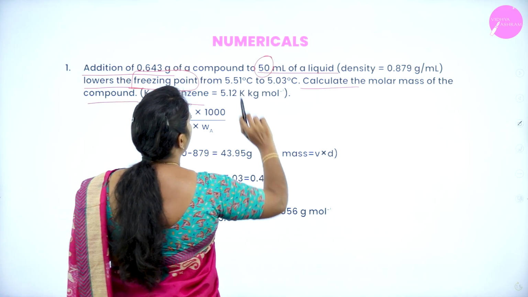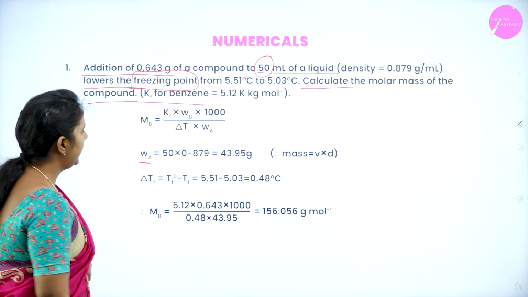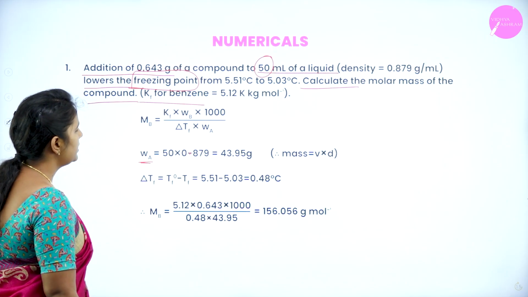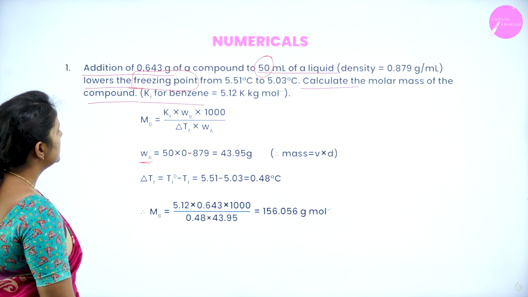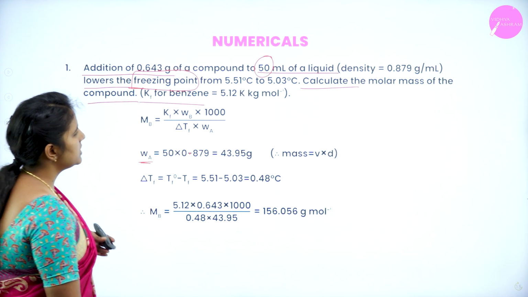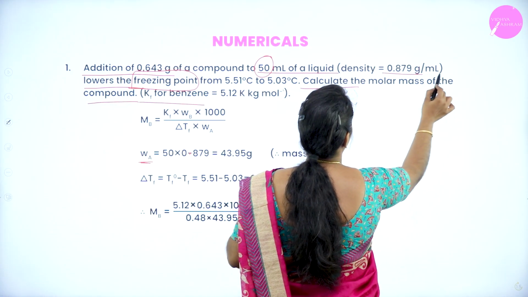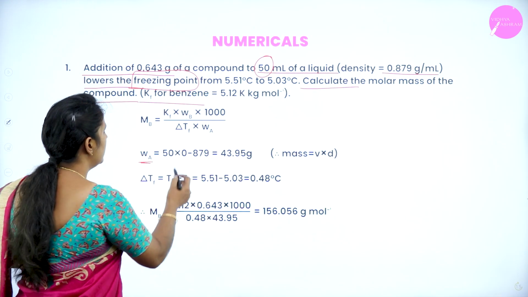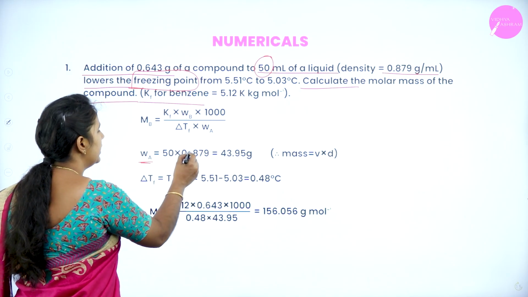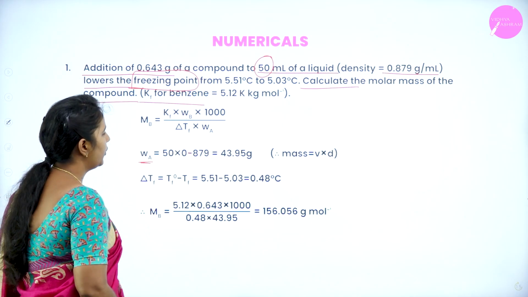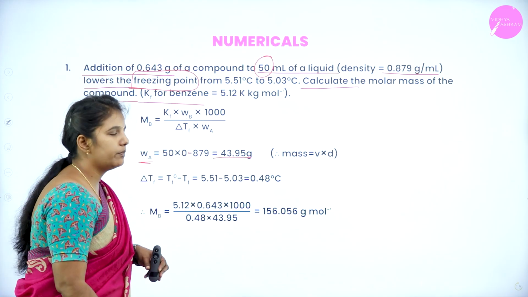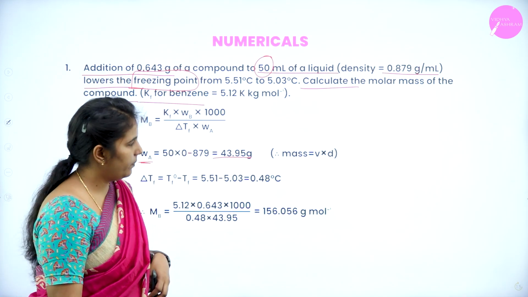The mass of the solvent will be 50 ml into 0.879, which is given as the density. So 50 into 0.879 gives us 43.95 grams.